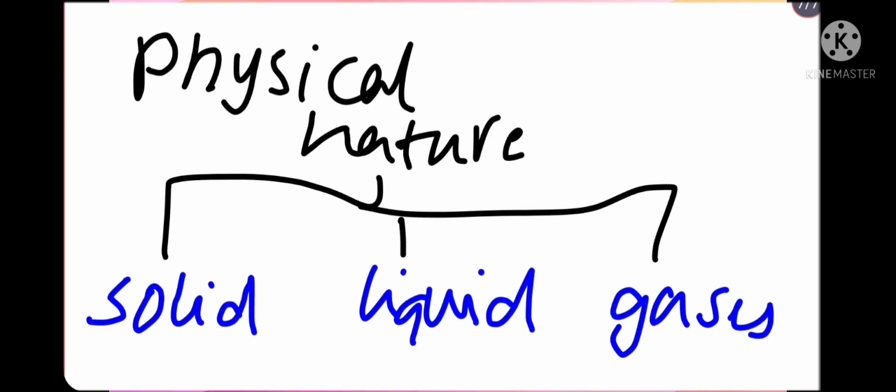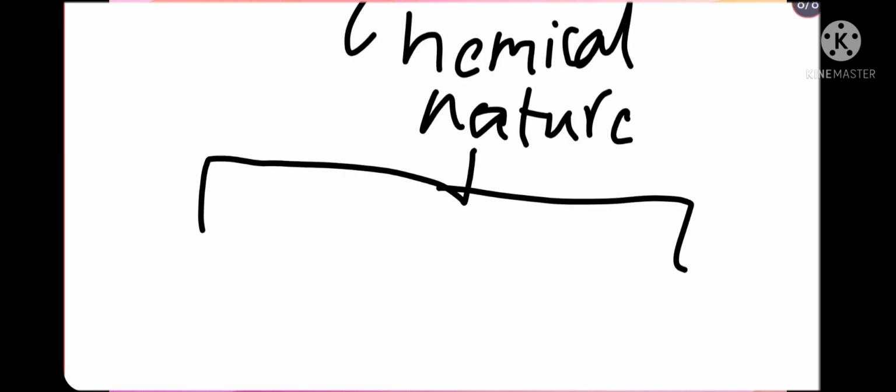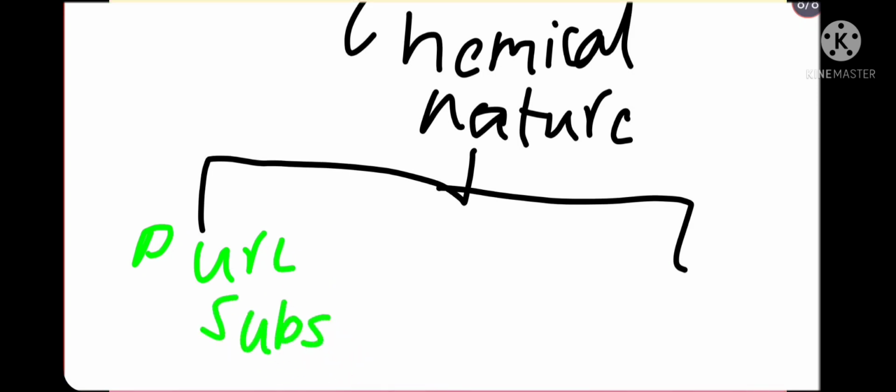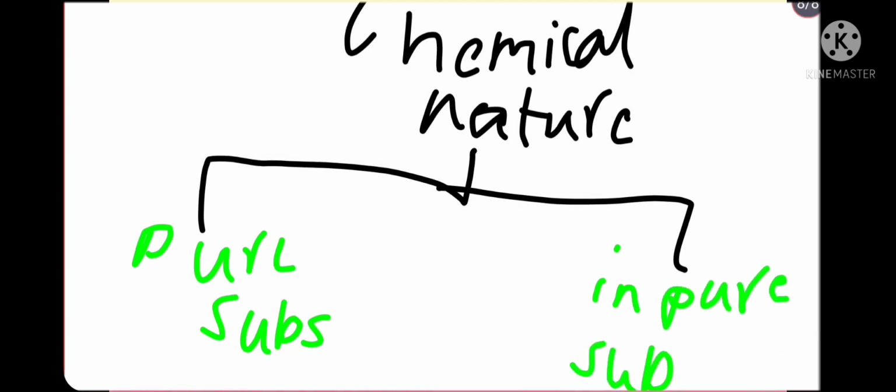Now let's see the chemical nature. The chemical nature is broadly classified into two types: pure substance and impure substance. These two are also classified into two groups each. Let's see them.